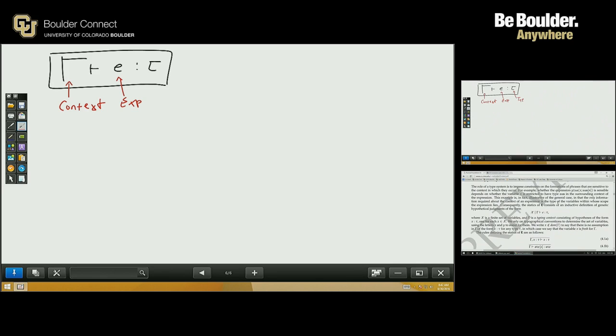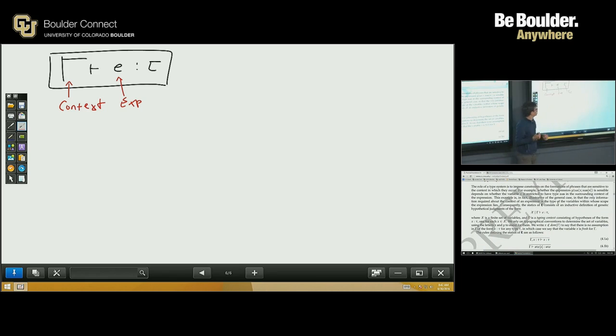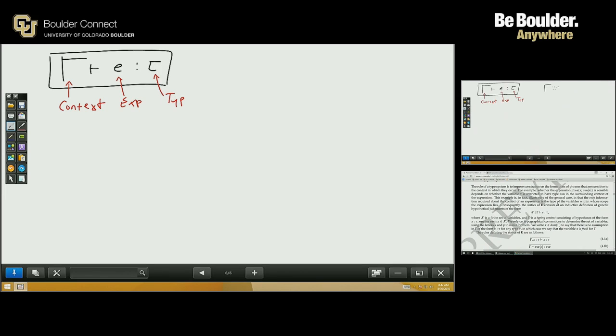So we're relating three things now: a context, an expression, and a type. And I'll give you the syntax for these contexts. They're either empty, or it's some context followed by a variable with a type.